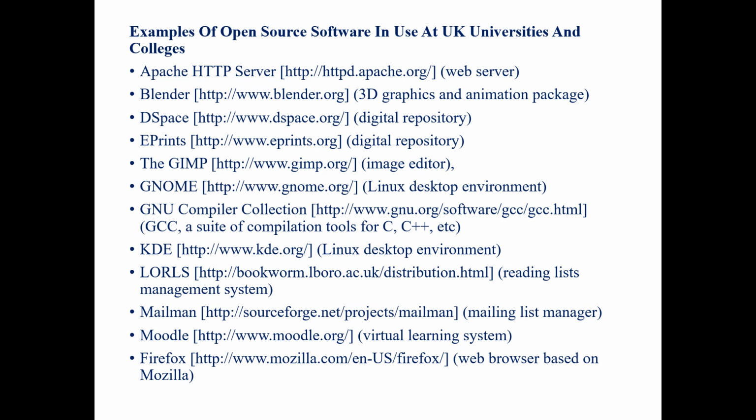I already told you, GNOME is a Linux desktop environment, which you can download and use. GNU is also similar. KDE is again a Linux desktop environment. LORLS is a reading list management system. Mailman is a mail manager. Moodle is a virtual learning platform that people are using. And Firefox is a browser from Mozilla, one of the best examples of open source software.